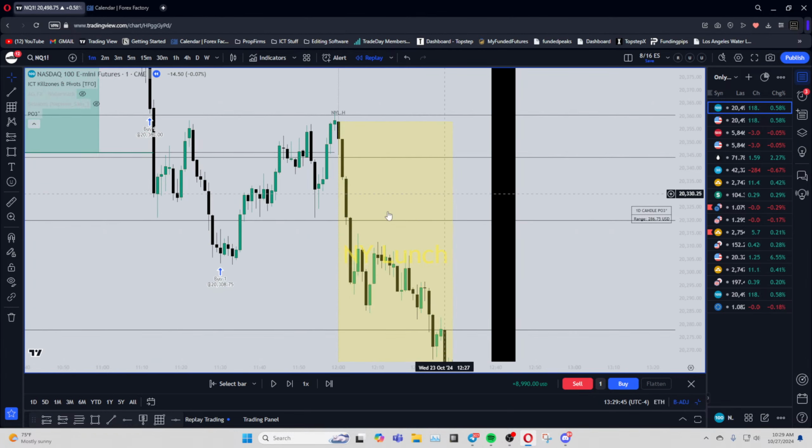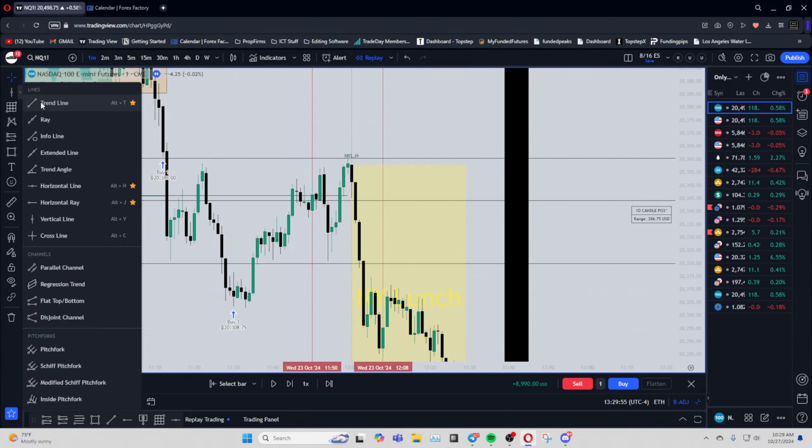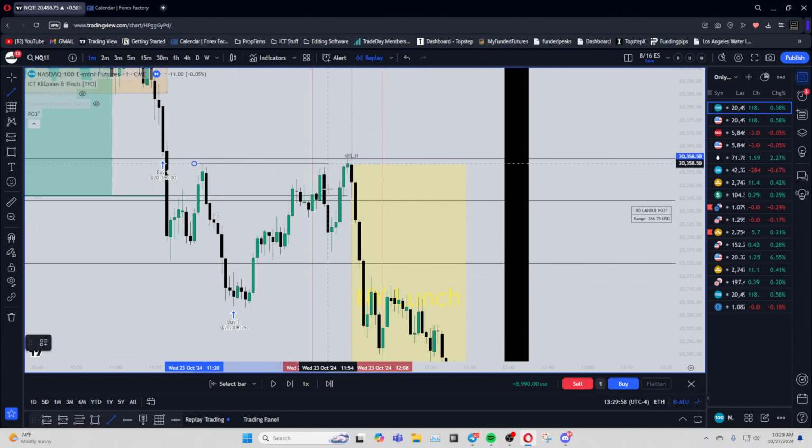And I wasn't really looking right here, but inside of this lunch macro, let's take a look. Looks like we come up, we sweep these highs. We have some low resistance qualities right here with this low, this low, this low. Also these lows.